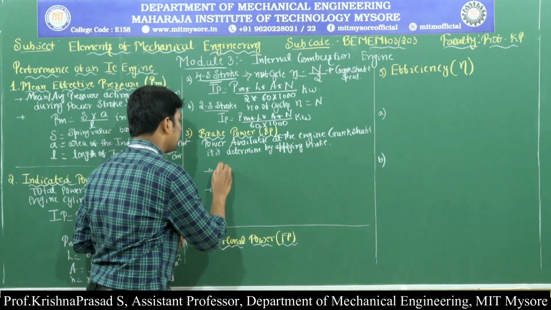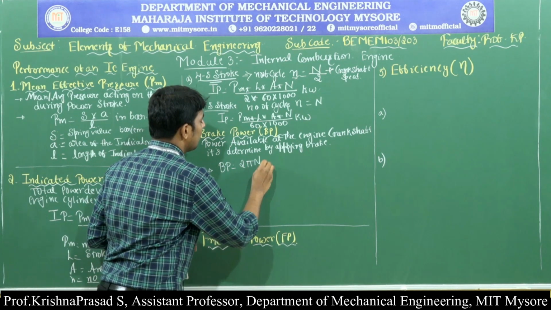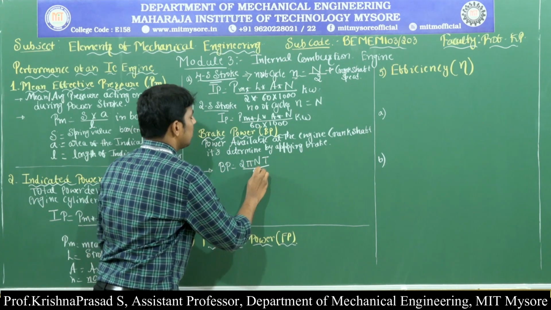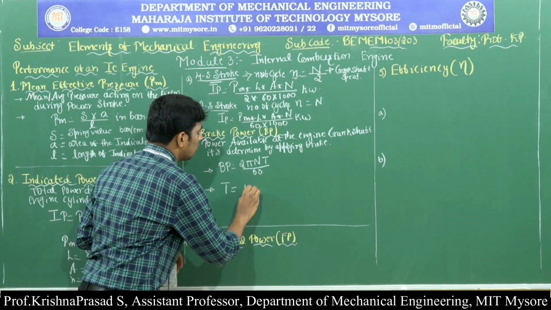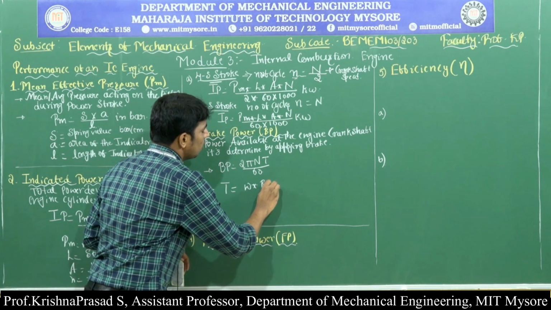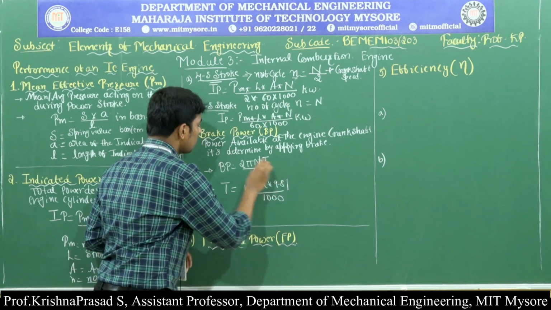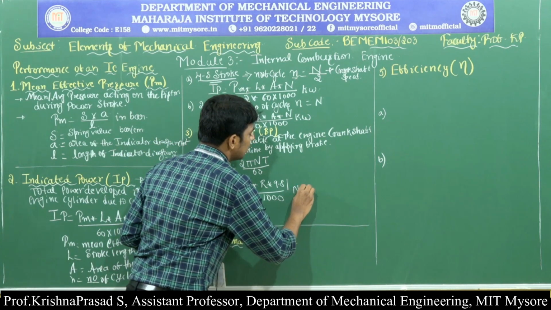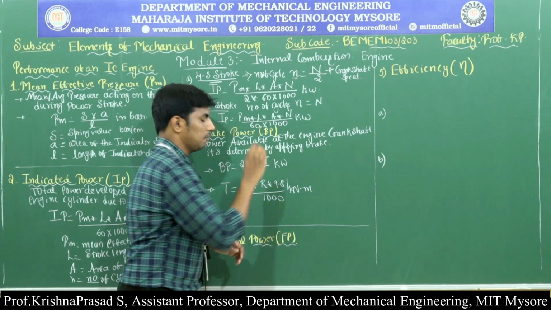The formula for the brake power is BP is equal to 2 pi NT by 60. Okay. And the torque T is equal to W into R into 9.81 divided by 1000. Okay. Your torque is measured in kilonewton meter and BP in kilowatt.